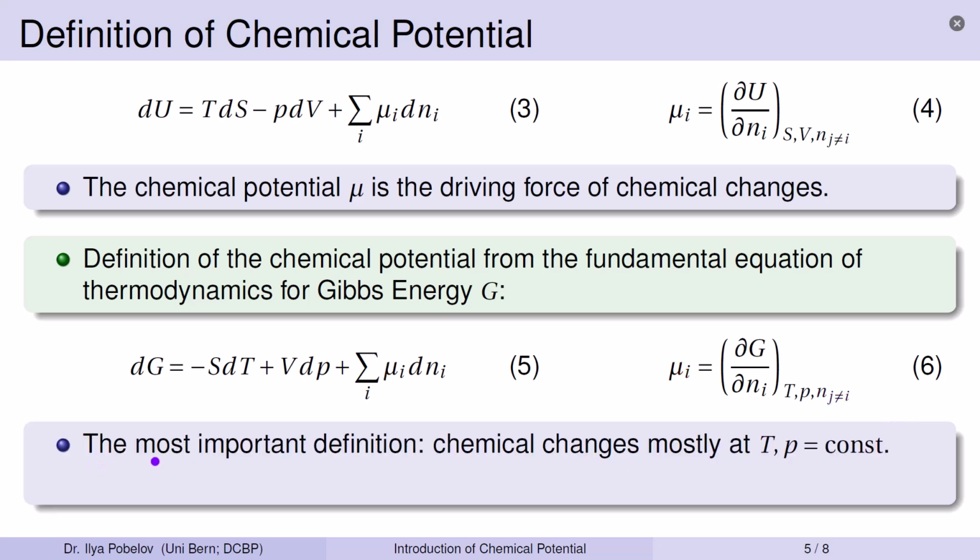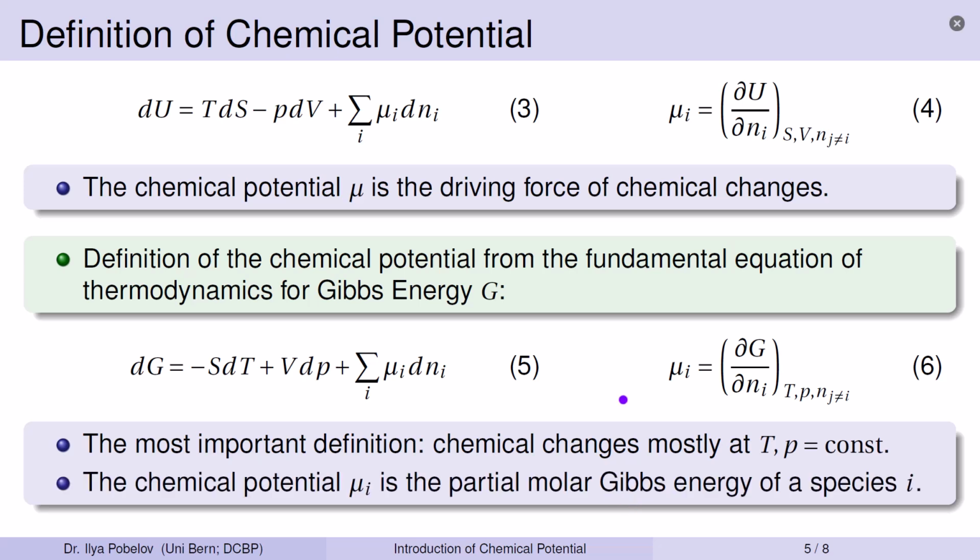As we mostly consider chemical changes at constant temperature and pressure, this definition is the most important for us. According to this definition, the chemical potential is equivalent to what is called the partial molar Gibbs energy of a given species in a system.